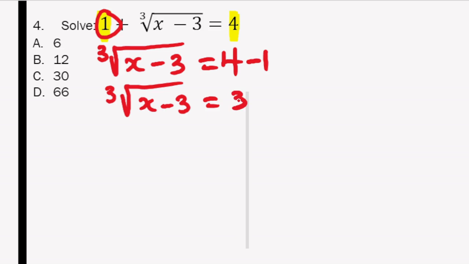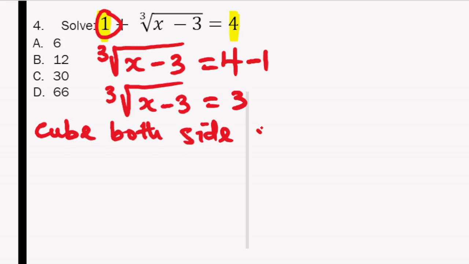So for me to get rid of this cube root, I'm going to cube both sides. You know, for indices, cube root is the same as power of 1 over 3. Then if I have power of 1 over 3, I can get rid of this fraction by raising to the power 3, which is cube.